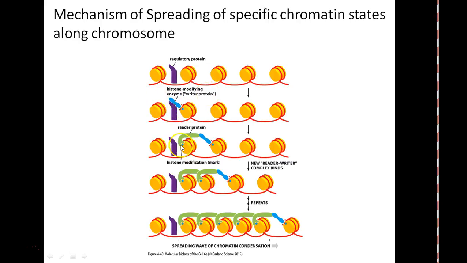So this enzyme would acetylate histone at this place, and this acetylation would be a signal for a different group of proteins, the reader. So the reader would be recruited here, and now the reader has the ability to recruit or interact with this writer protein. So by the interaction between those different readers, writers, and erasers, we can have the establishment of different chromatin states and also spreading of different chromatin states through long distances.